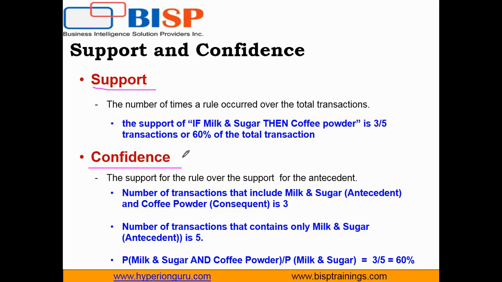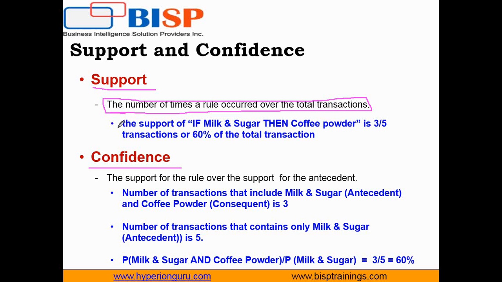Support is a term used in association rules to find out how frequently an item occurs in the data, or in other words, in what percentage of transactions the particular item occurs. It indicates the number of times an item occurred over the total transactions.